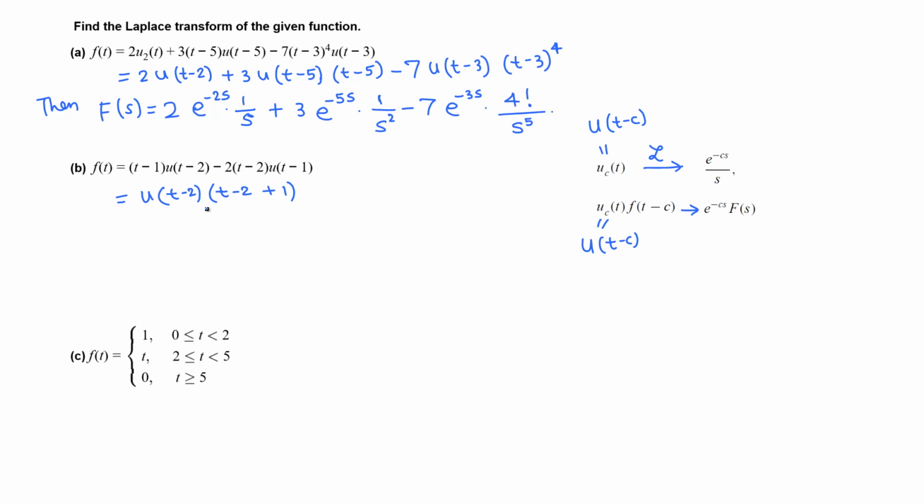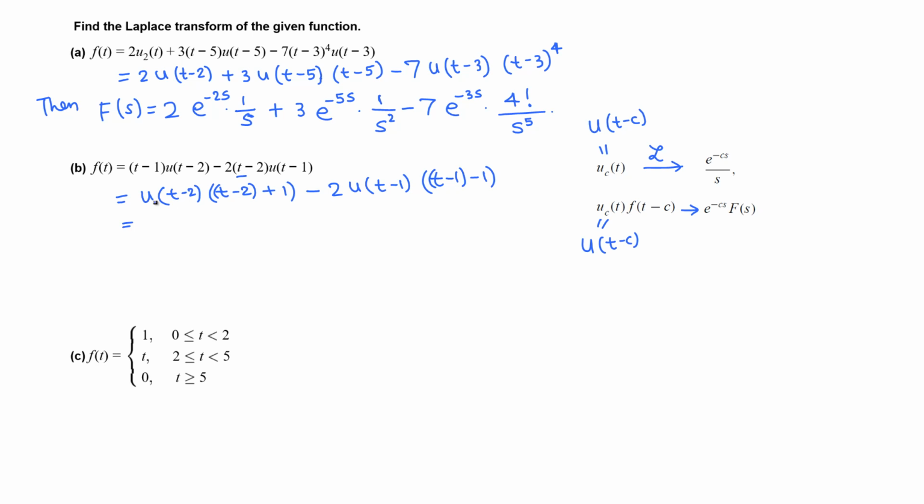Okay, so we can rewrite it this way, minus 2, the unit step function is u(t minus 1). So we need to do the same thing. We need to write t minus 2 in terms of t minus 1. So t minus 2 is the same as t minus 1, just to match with this unit step function, and to get negative 2, minus 1 minus 1. Now t minus 2, we can put another set of parentheses, same thing here.